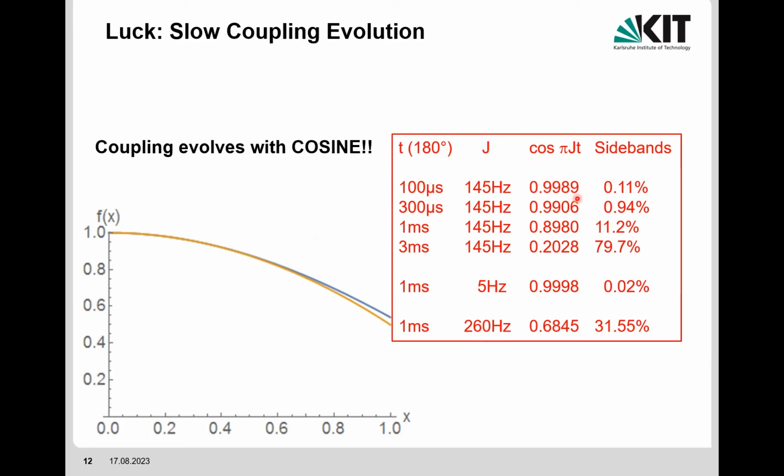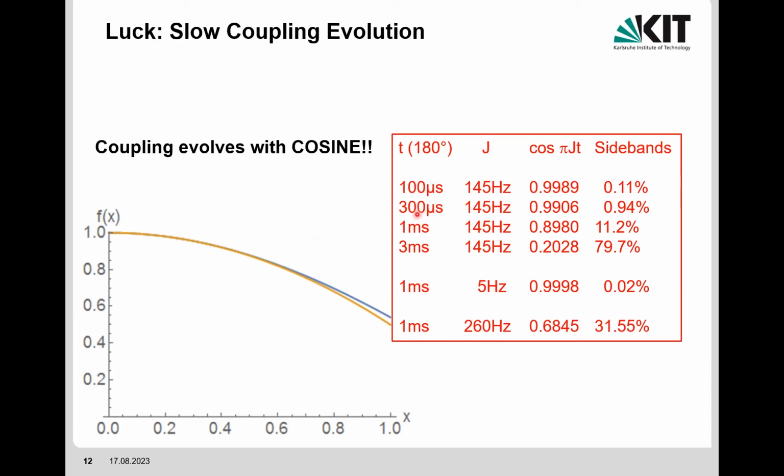And correspondingly, we experience very little sidebands, 0.11%. That is very little. So for 145 Hertz coupling and 100 microsecond, 180-degree pulse length, the sidebands are negligible, just 0.11%.